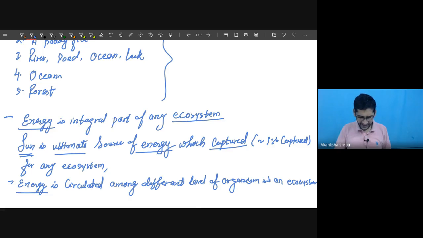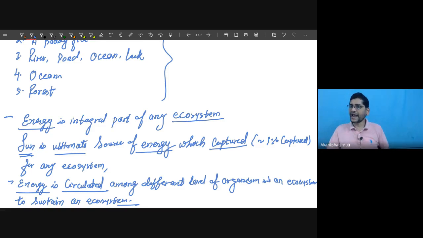So how is this energy circulated to sustain? Sustain means to exist forever or exist for a longer time. To sustain an ecosystem, otherwise the ecosystem cannot sustain.